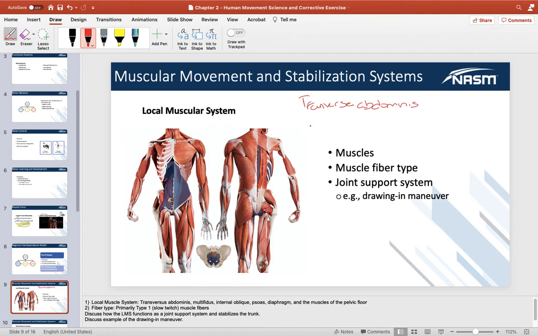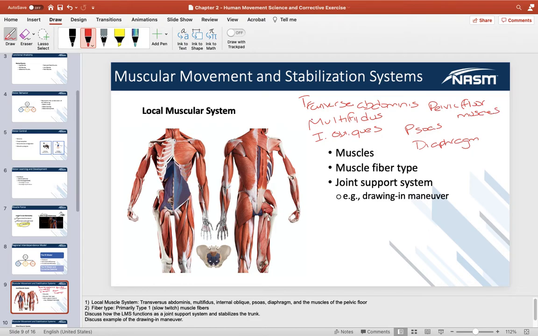We're talking about the multifidus. We're talking about the internal obliques, the psoas, our diaphragm, so our breathing musculature, and then what we would call our pelvic floor muscles. Those are all part of that.